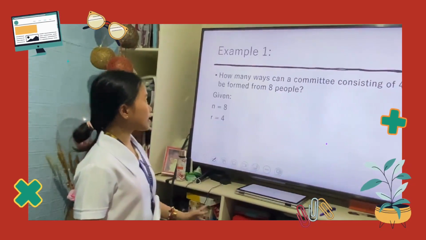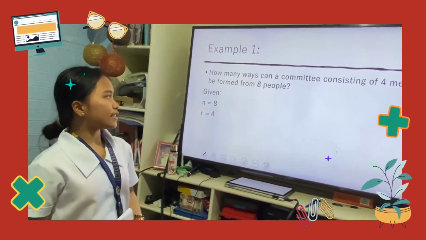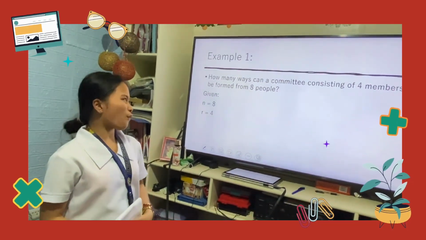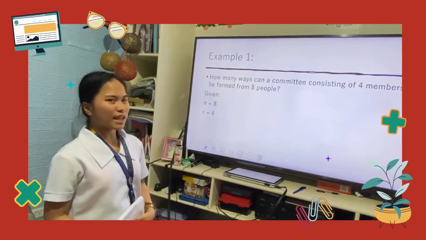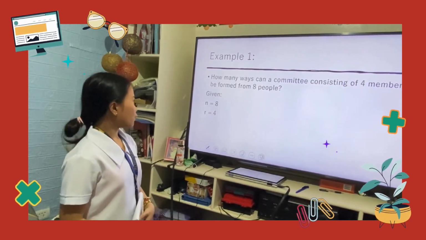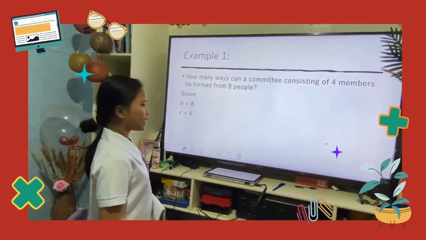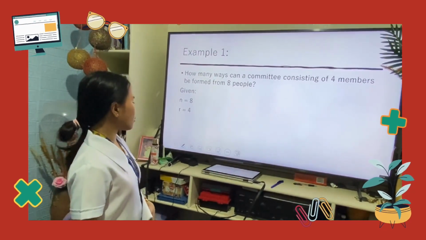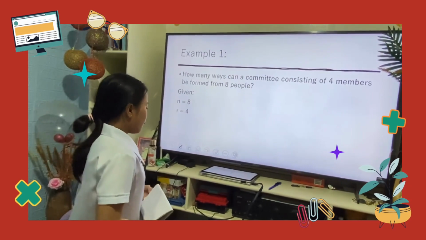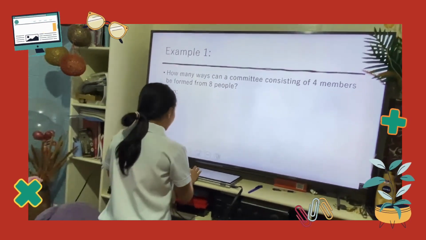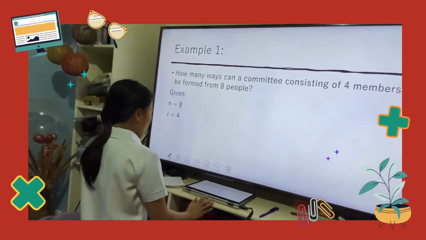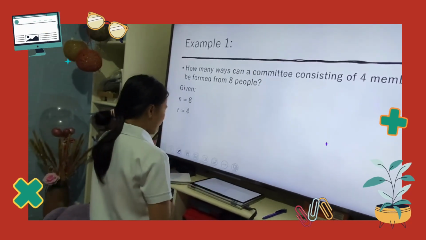So, for the first example, how many ways can a committee consisting of 4 members be formed from 8 people? So first, we need to find the given. So for the given, n is equal to 8 and r is equal to 4. First step is to write down the formula.